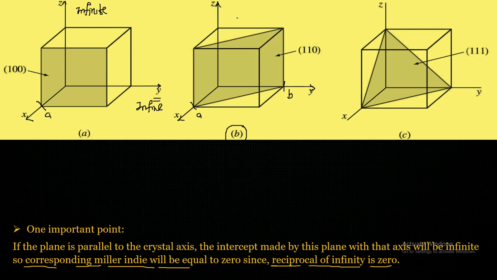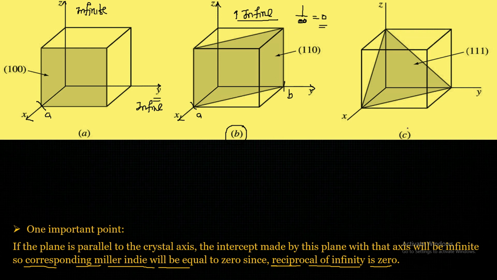So its intercept along the z-axis is infinite, right? If it is infinite, then the reciprocal of infinity will be 0.